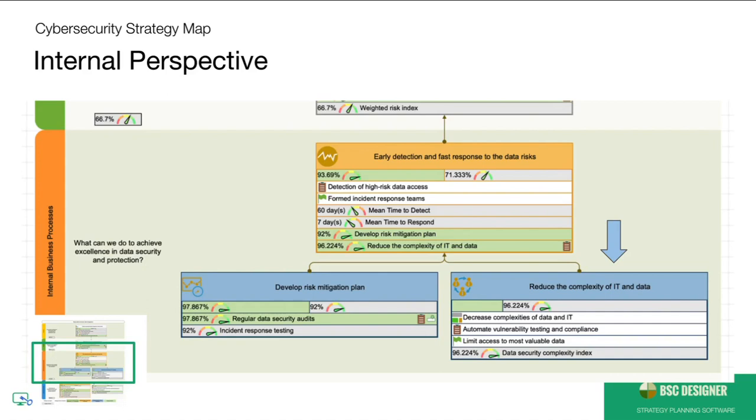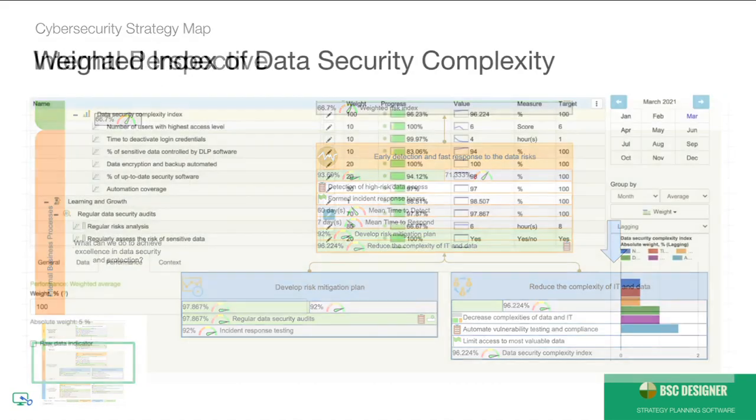Decrease complexities of data and IT is a rationale for the goal. Limit access to the most valuable data is one of the success factors in decreasing the complexity of required IT solutions. Automate vulnerability testing and compliance is a broad initiative for IT automation of security.